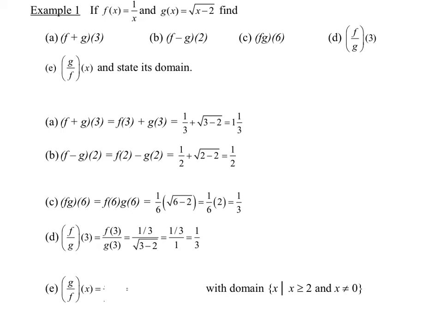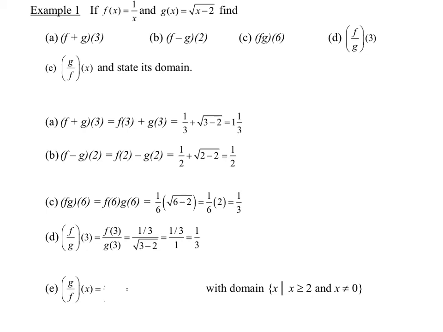And finally, in part E, it's a little bit different, and we'll see how different in a second. The g divided by f, we're going to do this thing here, the g of x divided by the f. We're going to leave the x in there in this case. So we're not going to plug in a value for x, we're just going to leave the x there.